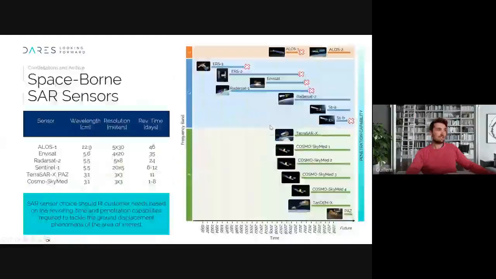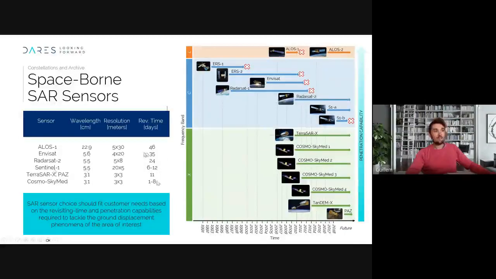Regarding the SAR satellites, there are different sensors. For example, the one we are working with the most is Sentinel-1, and each of these has different features, which are the wavelength, the frequency at which they are working, the spatial resolution, and also the revisiting time.